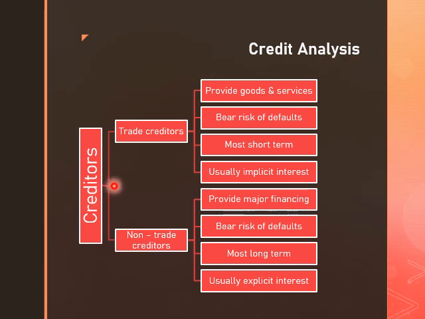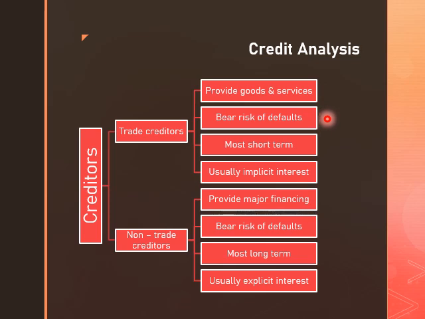This is creditor. So creditor ada two types, which is trade creditor and also the non-trade creditor. The trade creditor provide goods and services to the company, right? So bila dia provide goods and services on credit, dia bear the risk of default.